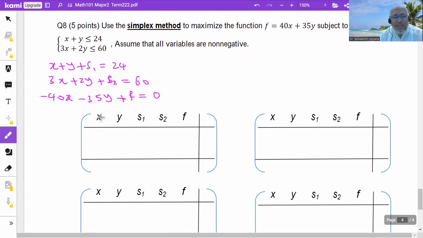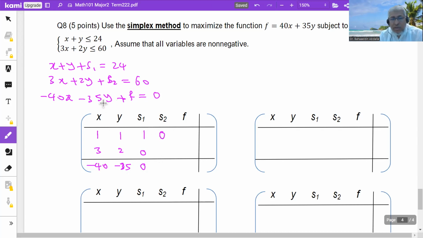We simply put the coefficients. The coefficient of x is 1 in the first equation, 3 in the second equation, and negative 40 in the objective function. The coefficient of y is 1 in the first equation, 2 in the second, and negative 35 in the objective function. The coefficient of S1 in the first equation is 1, and there is no S1 in the other two, so the coefficient is 0.